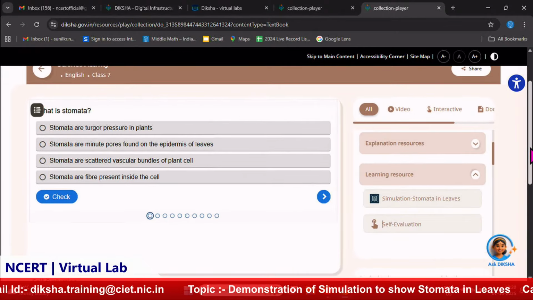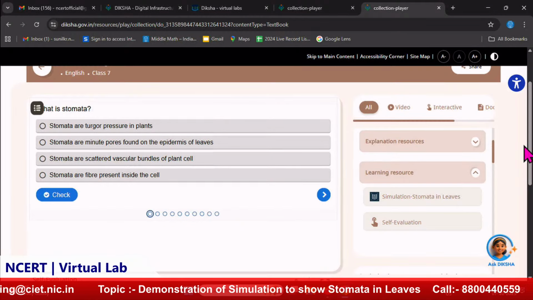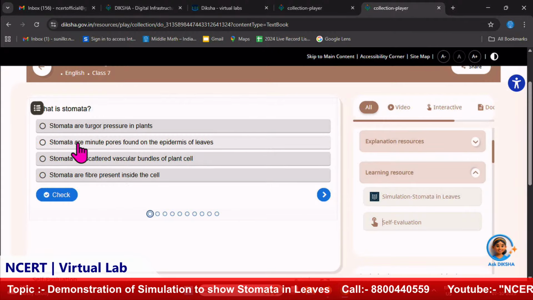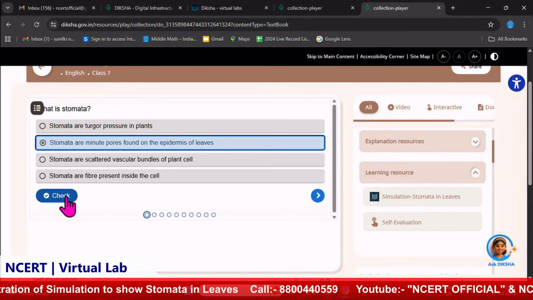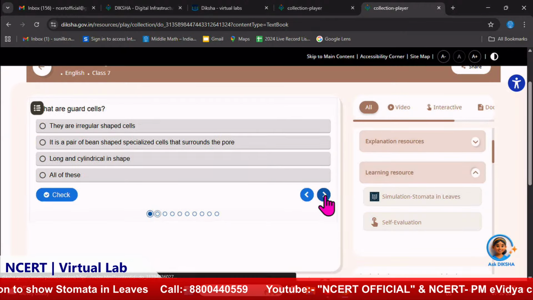So, for example, the first question is what is stomata? Stomata are basically minute pores found on the epidermis of the leaves. Check whether this answer is correct or not and move to the next question.